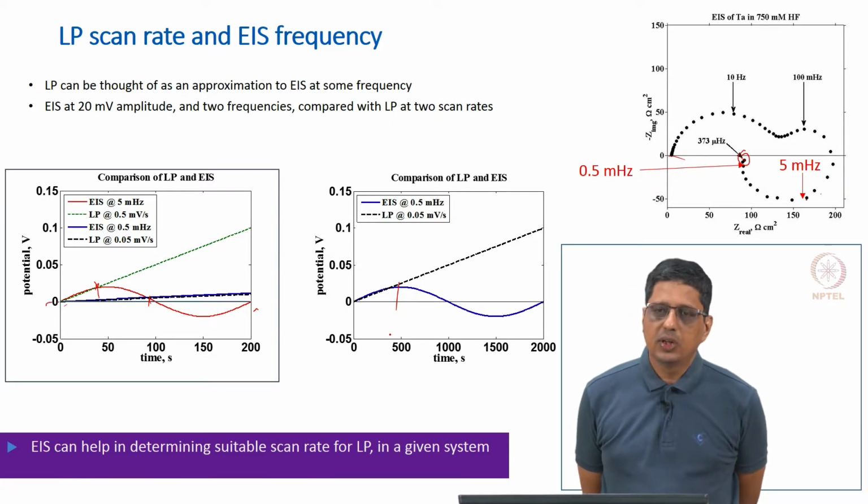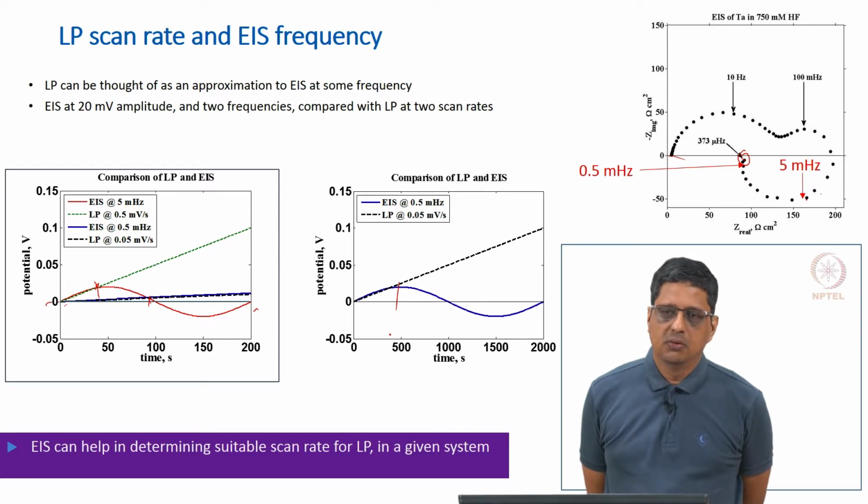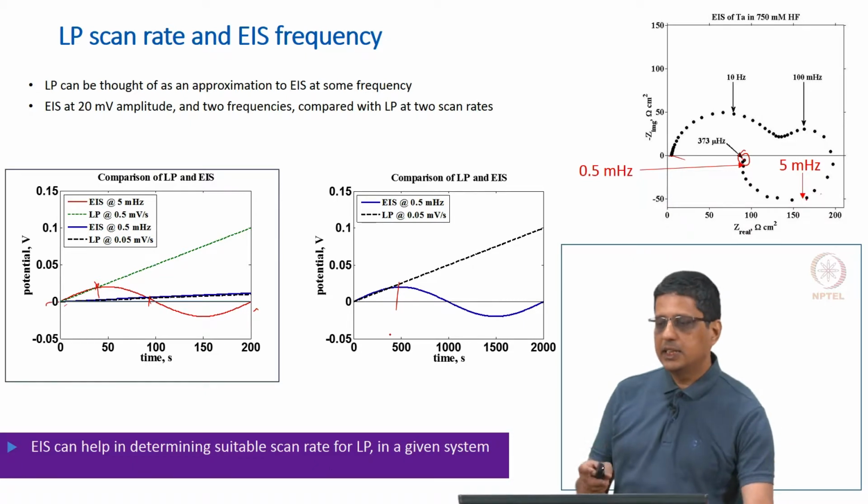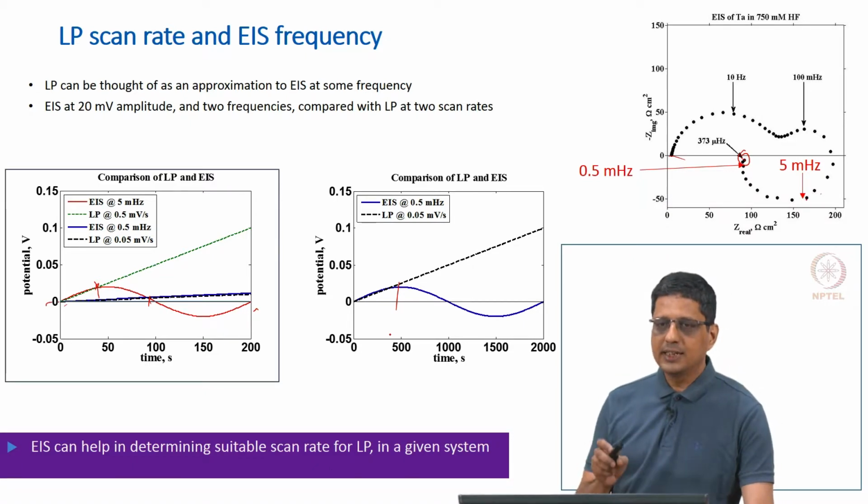So, normally one would think 0.5 millivolts per second is low enough for linear polarization experiments, but looking at the EIS data helps you understand what scan rate is suitable or sufficiently low to perform LP experiments for a given system. Okay. So, EIS helps us identify or choose a scan rate for linear polarization experiment.